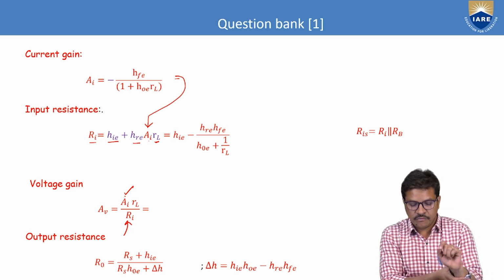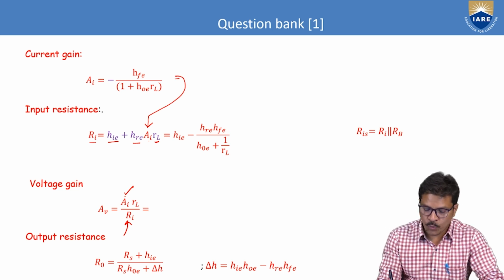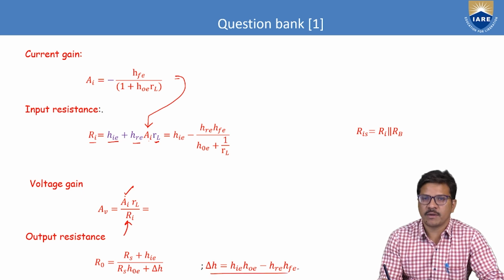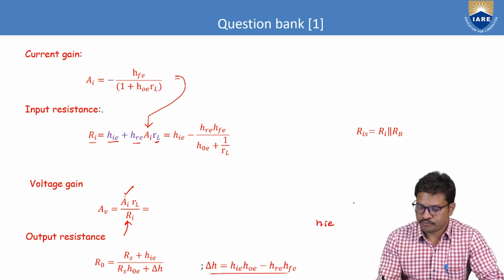Then, for the output impedance, first you have to find delta H, the determinant of the four H parameters HIE, HRE, HFE, HOE, by cross multiplication.